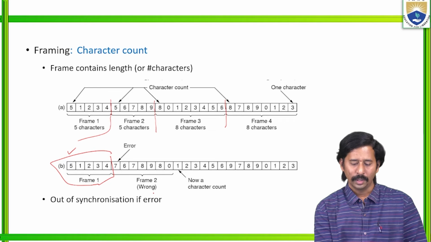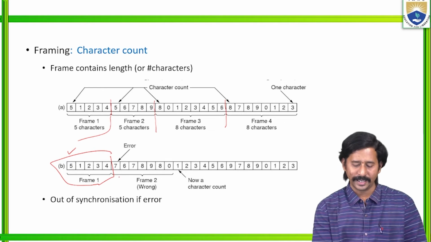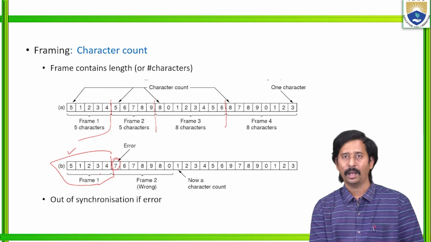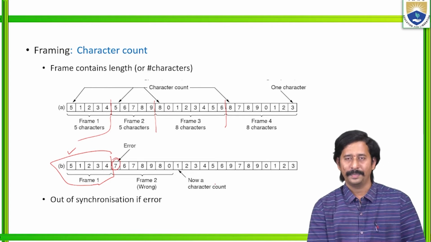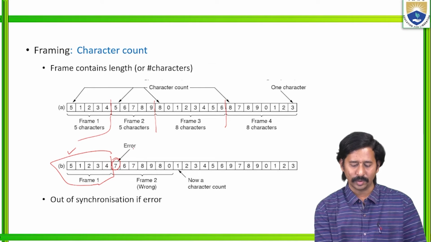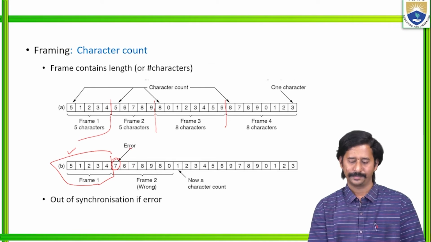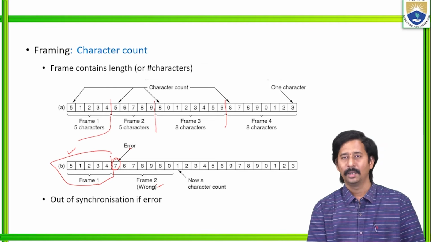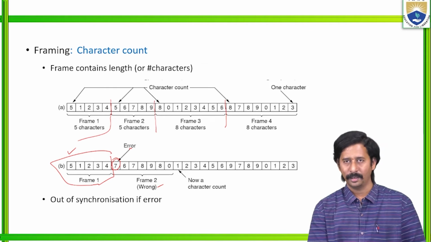Then frame 2 consists of 5, 6, 7, 8, 9. But here, in place of 5, a 7 may be transmitted, so 7, 6, 7, 8, 9. This shows the error. What happens? The frame 2, which is a wrong frame, may be received by the receiver.